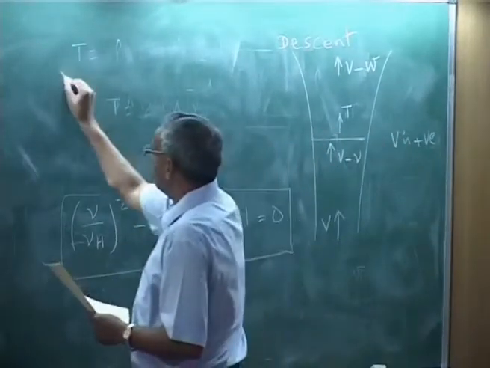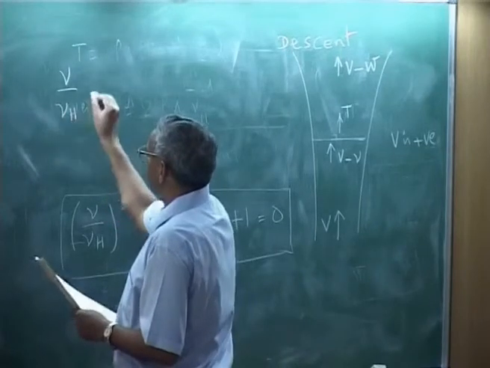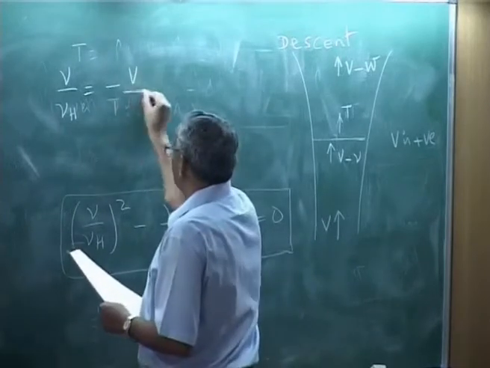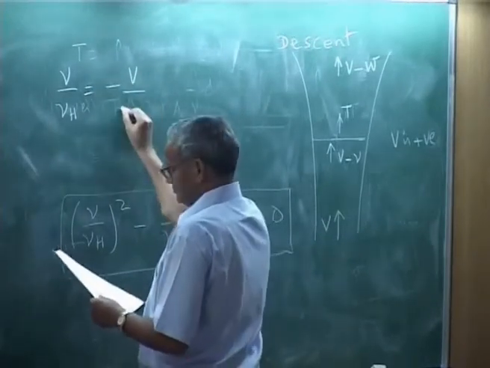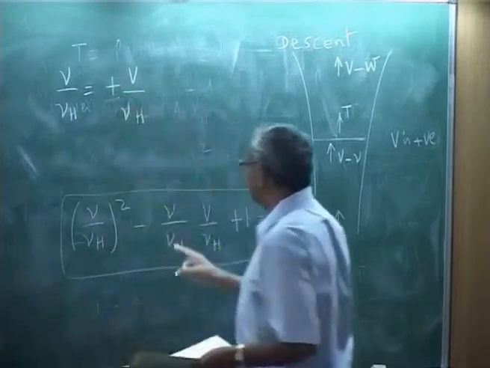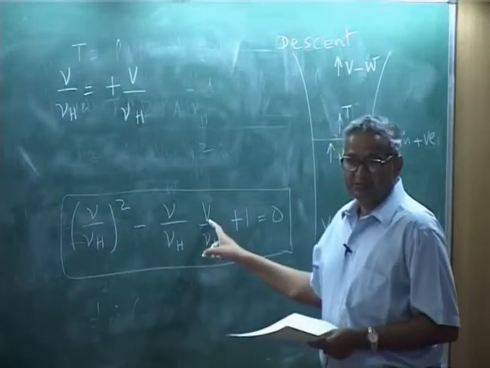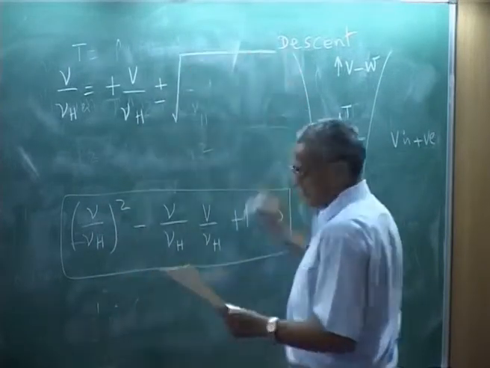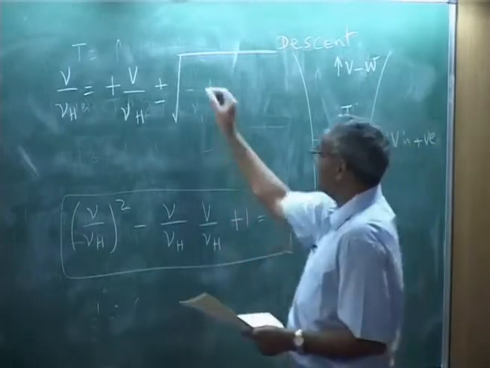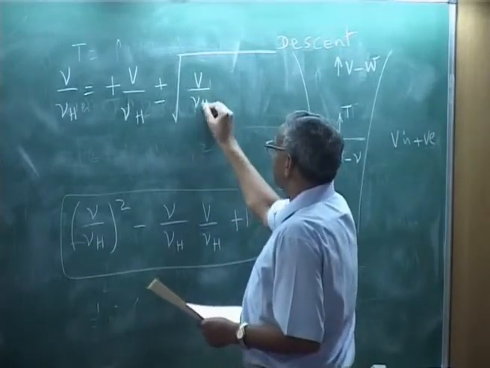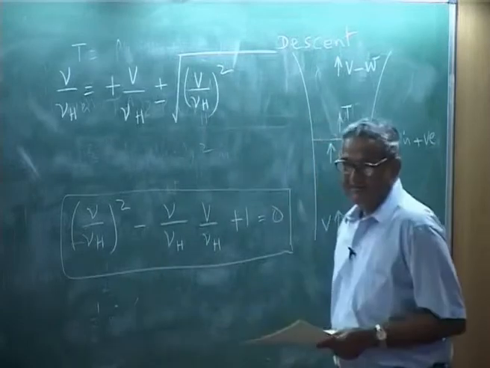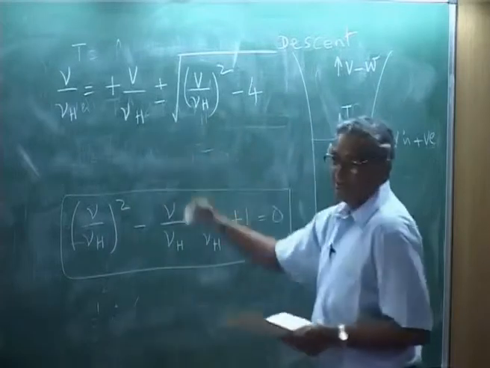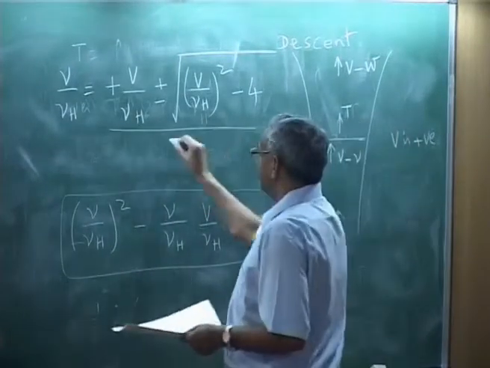Now, let us write nu over nu H is minus, that means minus V over minus B, minus and minus, this will become plus, plus or minus root of B square minus 4, okay, divided by 2.